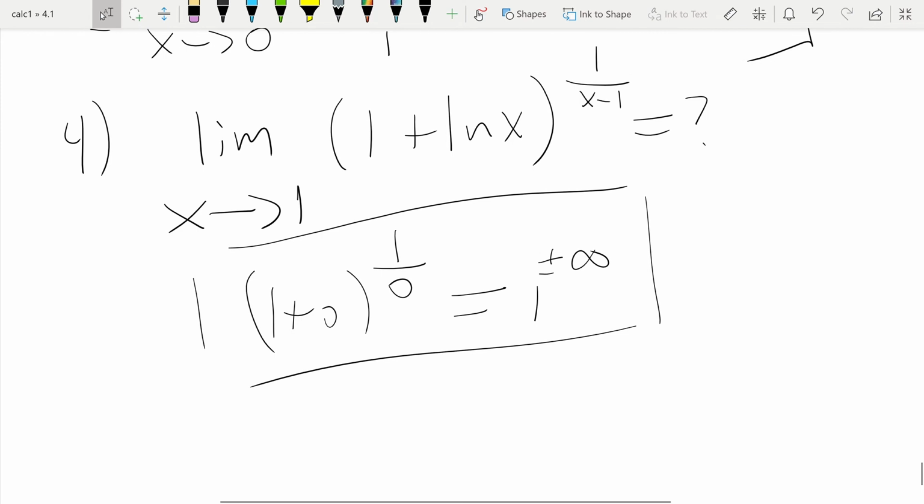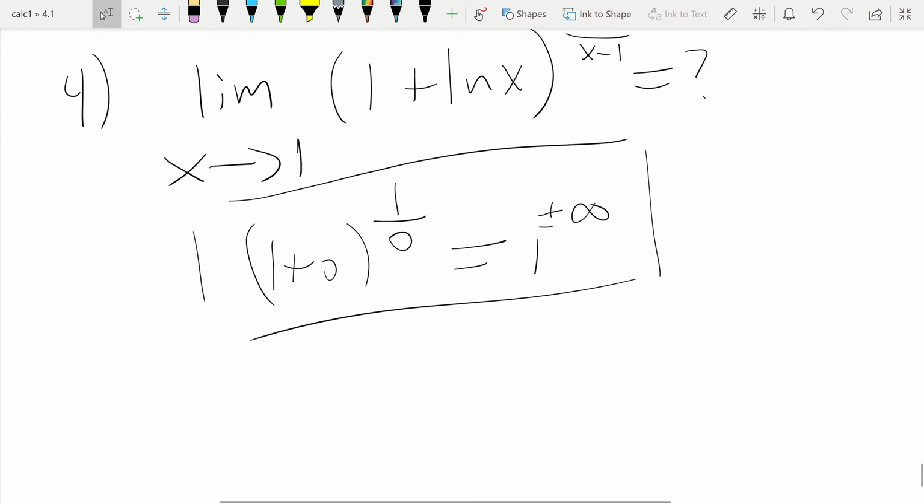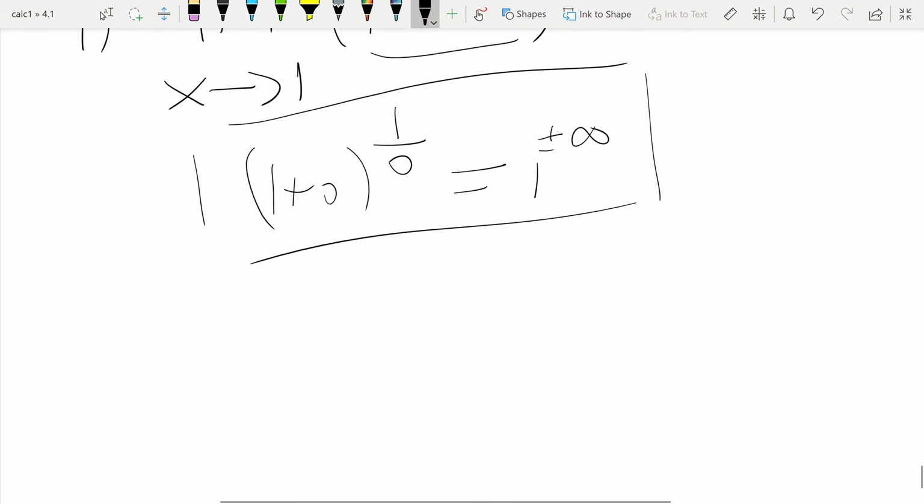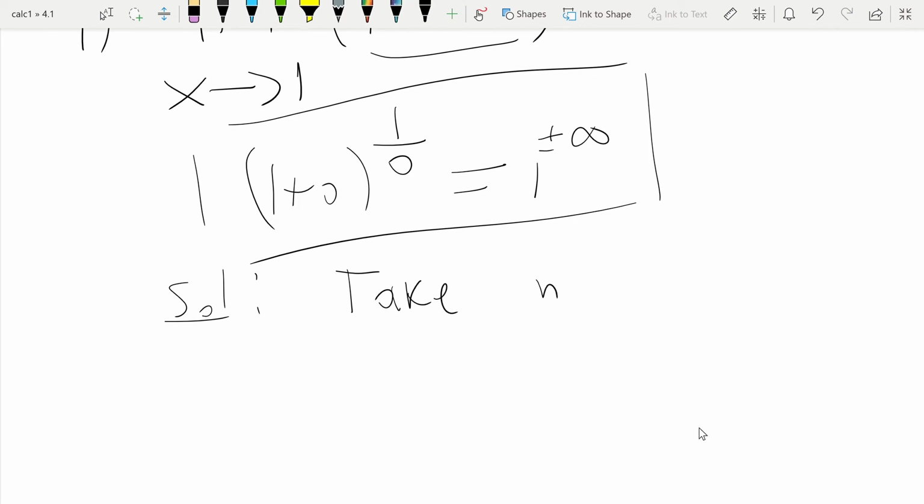If you remember, what is the one thing I advised you to do when dealing with this? 1 plus natural log of x is a function of x, and it's raised to another function of x, 1 over x minus 1. So what was the first thing I recommended? Take the natural log.